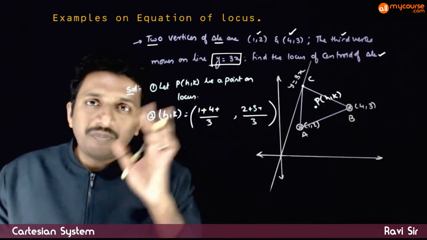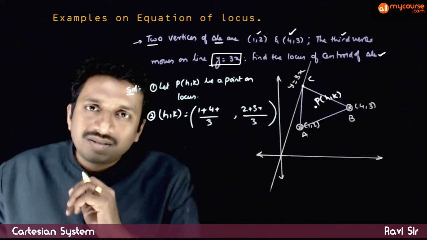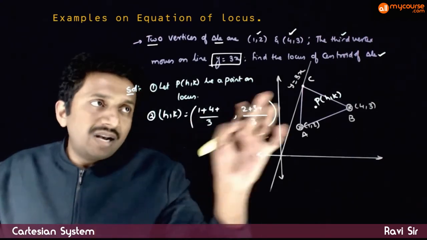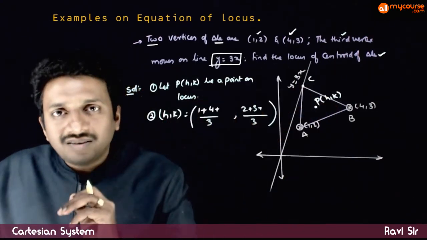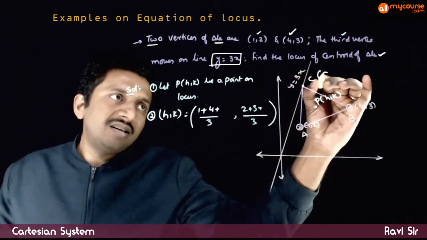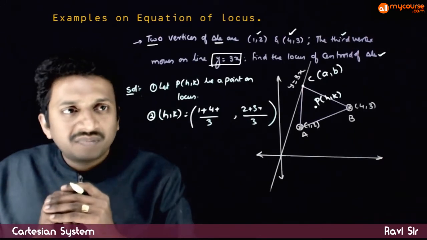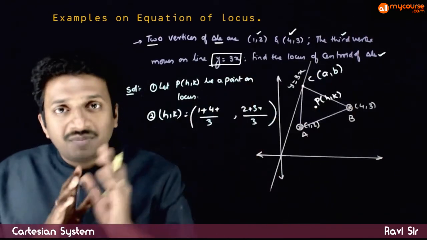To complete this equation, I need some way to represent this point C. So let us represent C with some variables. Let us say the point C is of the form a, b. These are the variables that I am assuming.